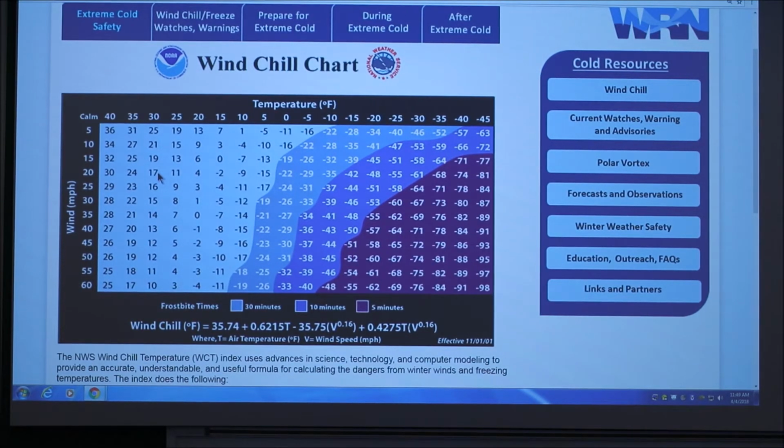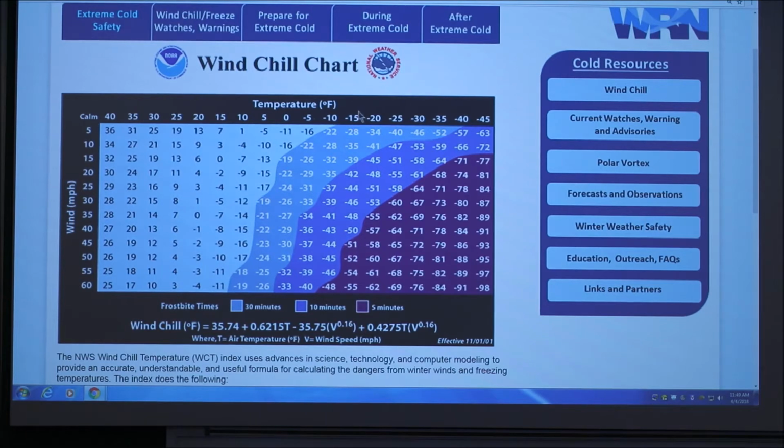Okay? Let's say it's 30 degrees up here because I'm generalizing a little bit. But with the wind, right here it's 17. But look at how wind affects it. It's not terrible at 30. It doesn't go down very fast. But let's say it's minus 20. And here's the other thing. Notice how minus 20, calm means 0, right?